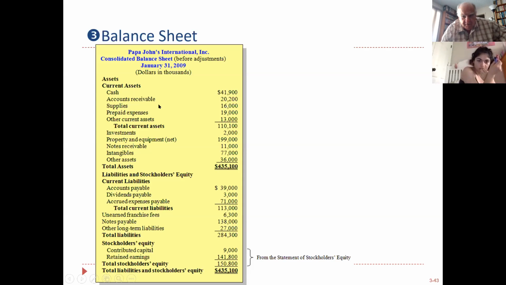Notice they break them out into current assets and current liabilities. Current assets, you're going to learn, are assets that are going to be used within probably the accounting cycle, within a year. And current liabilities, same thing, things that are going to be paid within a year. Otherwise, they're not current. And that's an important measurement for later.